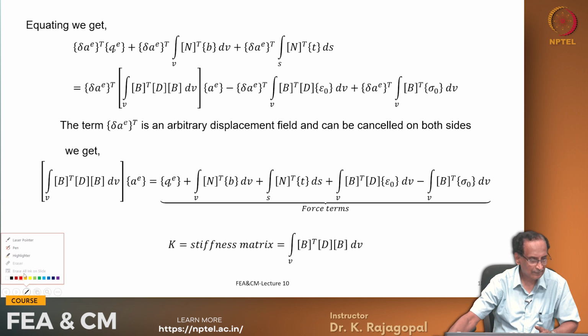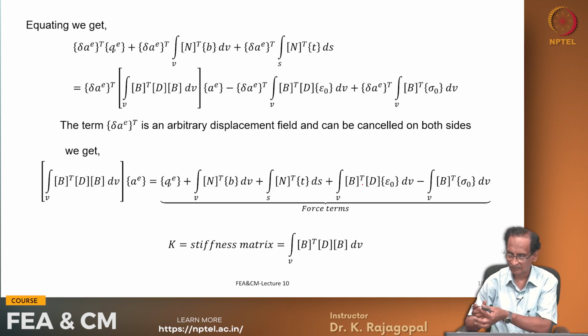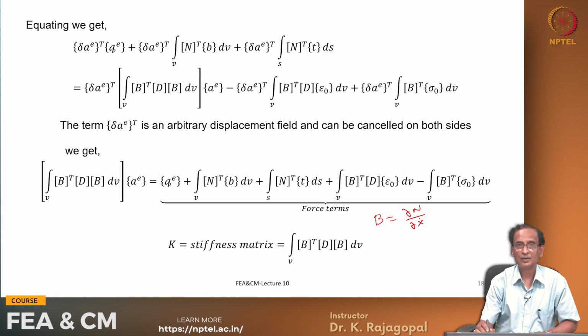Actually, it's easy to see the units for this, and let's see what they are. Let me write with the pen. So our B is what? It is dou N by dou x and so on, and our shape function matrix is dimensionless.